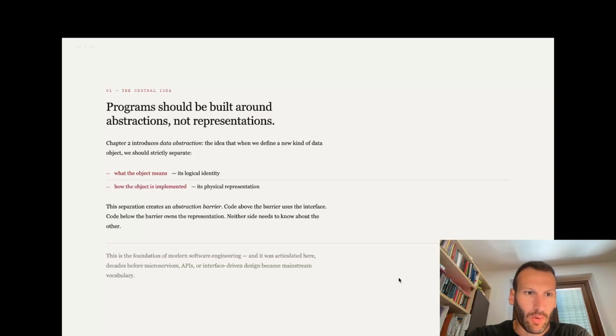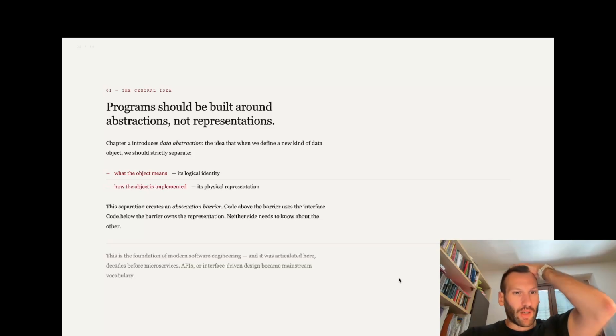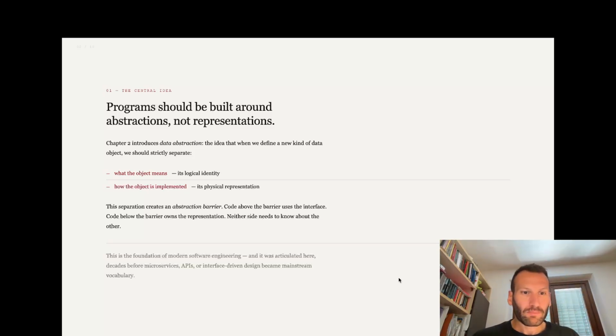And chapter 2 introduces data abstraction, the idea that when we define a new kind of data object, we should strictly separate what the object means, so its logical identity, and how the object is implemented, that is, its physical representation.